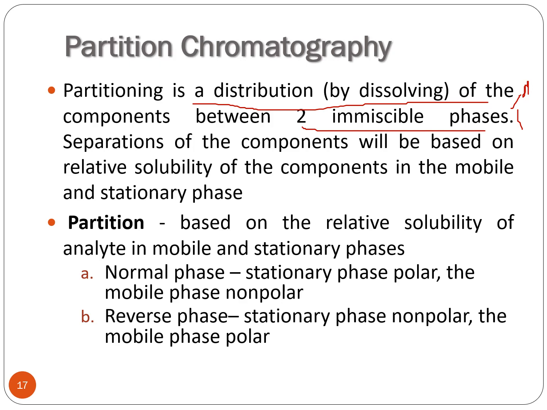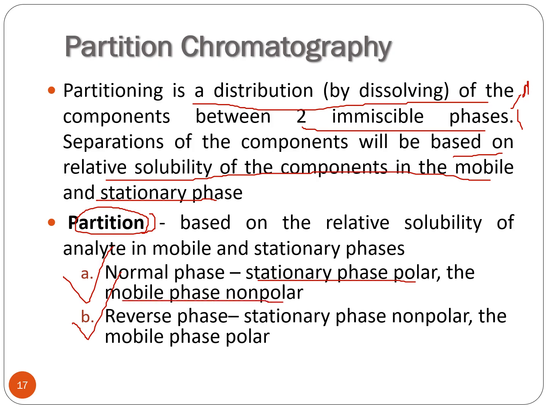Okay, separation of the components will be based on relative solubility of the components in the mobile and stationary phase. Okay, dalam partition chromatography ni, we have 2 types, normal phase and reverse phase. Okay, untuk normal phase, stationary phase adalah polar, manakala mobile phase adalah non-polar.